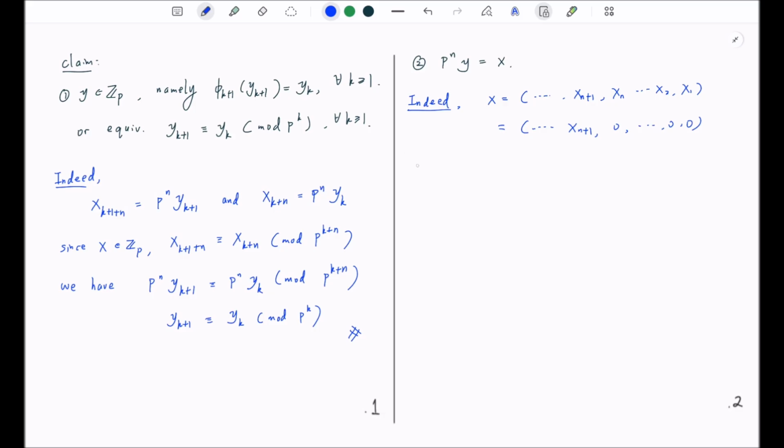Now clearly, p^n times y_k is always congruent to 0 modulo p^n. And actually, it's congruent to 0 modulo p^k as well for any k from 1 to n. This means this vector y, after multiplied by p^n, has the first n components vanish as well.